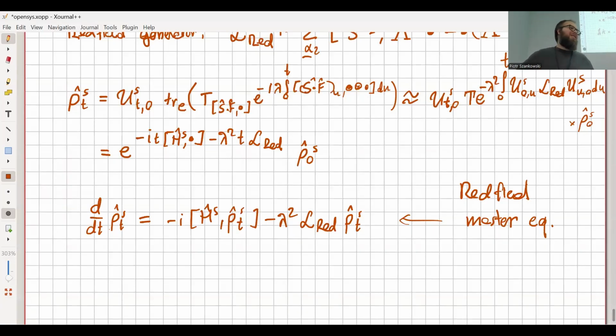Known in the literature. I'm not sure if it was before the GKLS master equation or after; I'm not sure when Redfield wrote about this stuff. However, the thing to note is that this is a Redfield master equation because it is not a GKLS master equation, not yet. The generator L_red, although it's constant, so we're getting closer, is not of GKLS form yet.